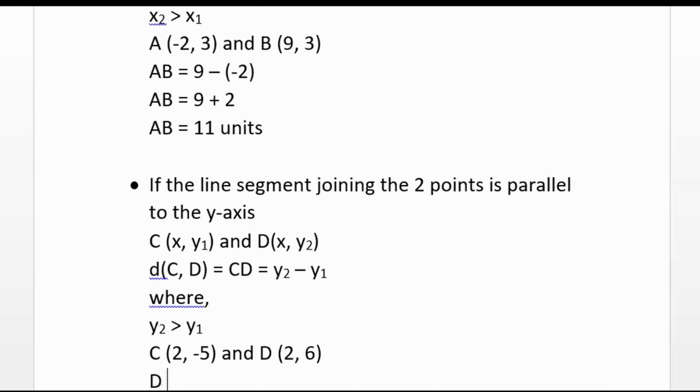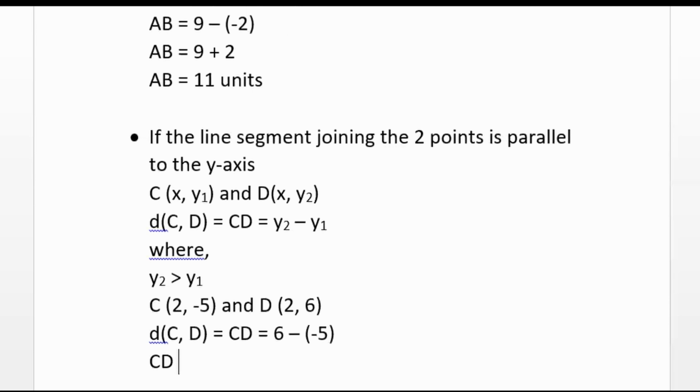Therefore, the distance between points C and D, which is denoted by CD, is nothing but the difference between their y coordinates, which is 6 minus (-5). So we get CD is equal to 6 plus 5, that is CD is equal to 11 units.